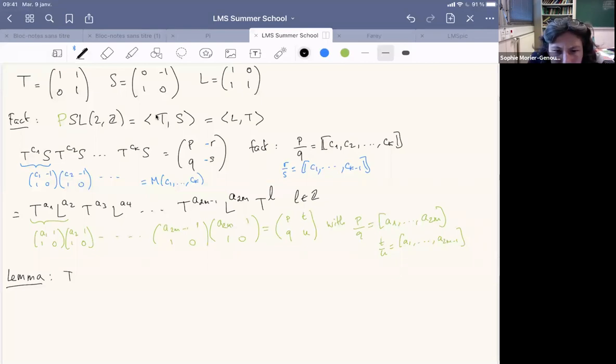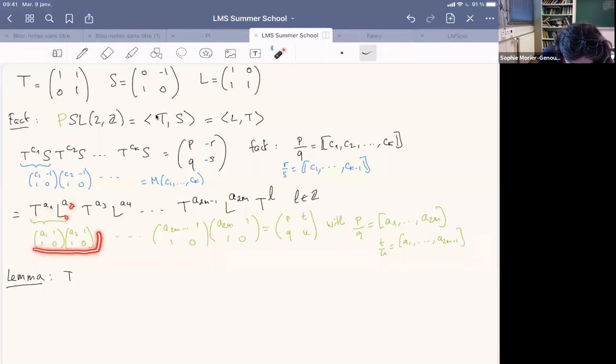There was another question, sorry. Why is L raised to a power? I said that I don't need the power of S because S squared is minus identity, so I may only consider S without any power. But here, to produce this matrix, that's what I will have with T to the A1 and L to the A2.